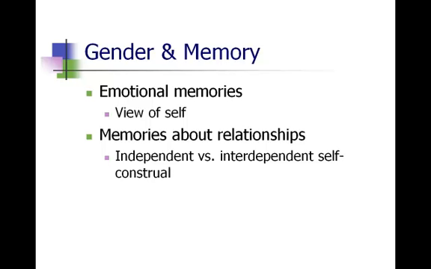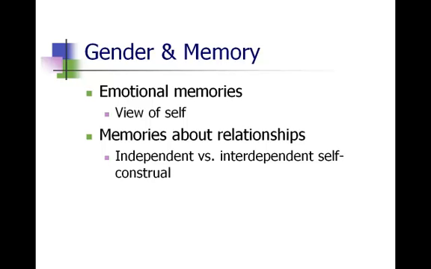Women's self-concept seems to be more strongly related to how they view others and how they view the relationship between themselves and others. So we talk about men having more independent self-construals and women having more interdependent self-construals.